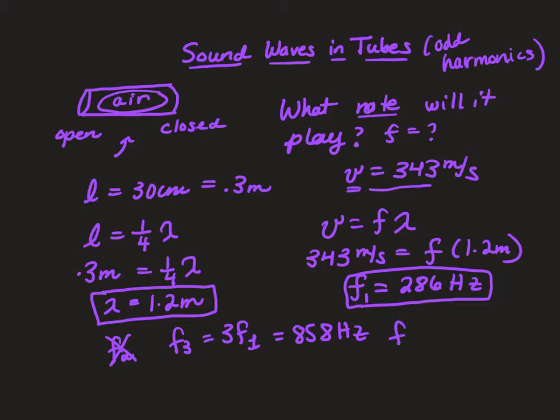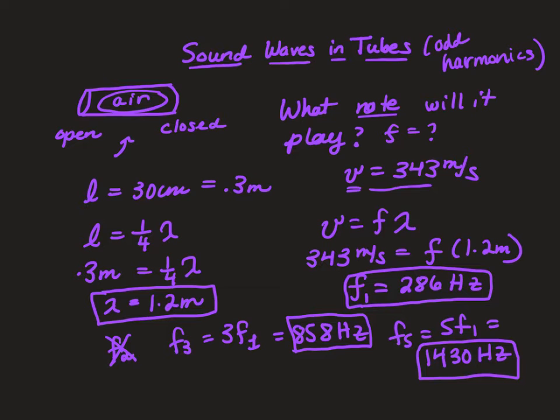And then the next one, f5, would be 5 f1, which is 286 times 5, and I get 1,430 hertz. So you can always figure out the harmonic structure of the open-closed pipe, even though you can't really draw the waves easily. You can still imagine the structure and deduce it from that.